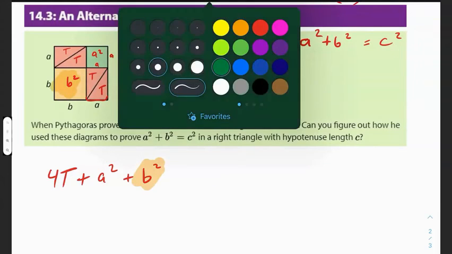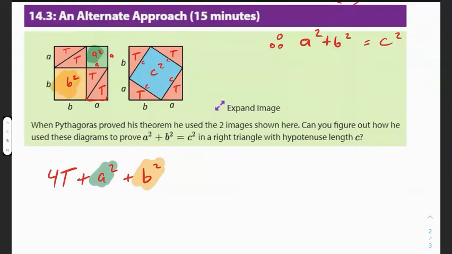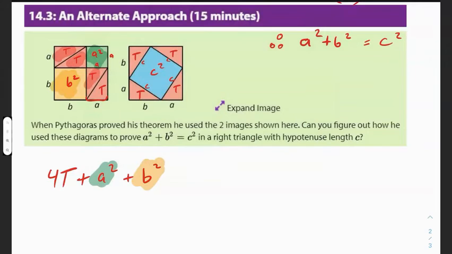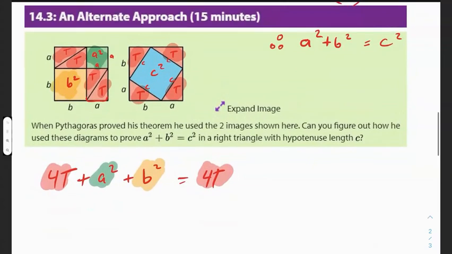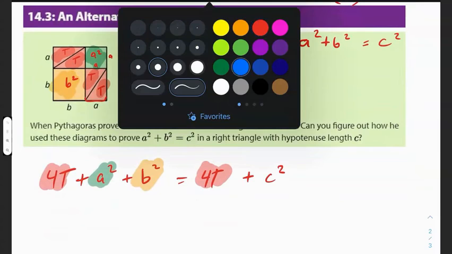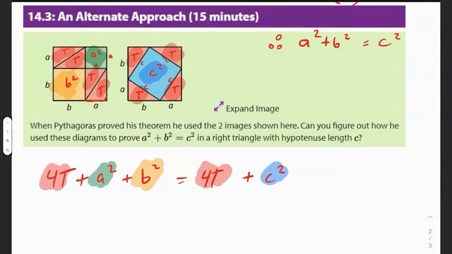A squared is that green triangle right here, and those four triangles come from these four triangles right there. And they should be equal to the other square, which is carved up in a different way. It's carved up by four triangles, one here, one there, one there. And we have one of those blue squares.